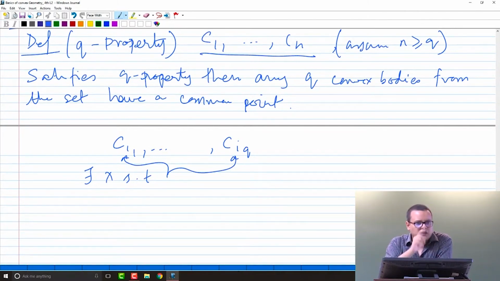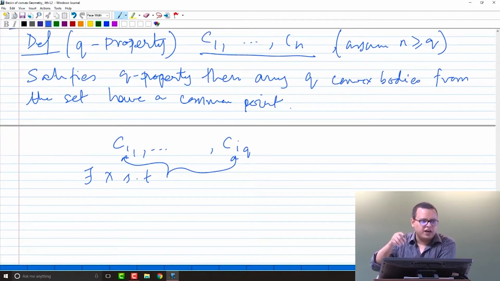What will I do? I will check n choose d plus 1 tuples and I will be done. If I find that all the n choose d plus 1 tuples are intersecting, I have taken all possible d plus 1 subsets of the n convex bodies and checked whether they intersect, then I know that the original collection also has a point that lies on all of them.